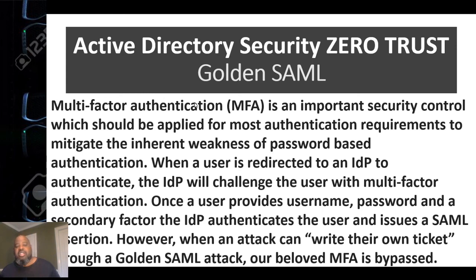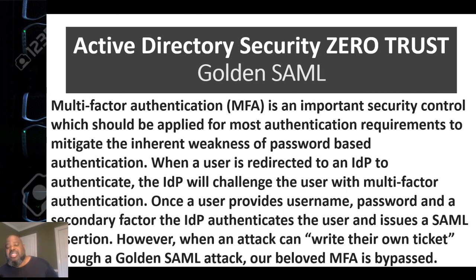So one of the other scary things about that is multi-factor authentication. MFA is an important security control which should be applied for most authentication requirements, mitigating the inherent weakness of password-based authentication. When used, the user is redirected to the identity provider to authenticate, and the provider will challenge the user with multi-factor authentication.